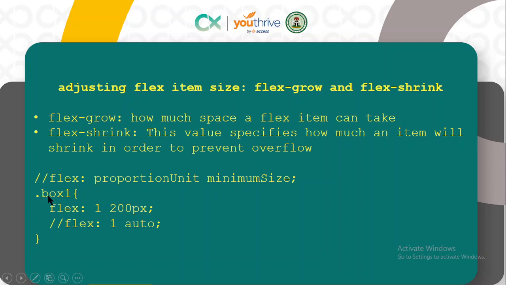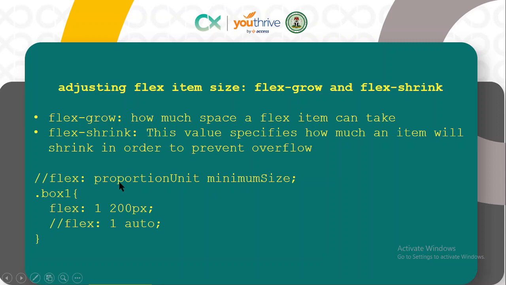For example, if we target box 1 and say flex of 1 200 pixel. Now what does this unit and this unit mean? So this one is the flex grow, and this one is the flex shrink, or like the minimum size.